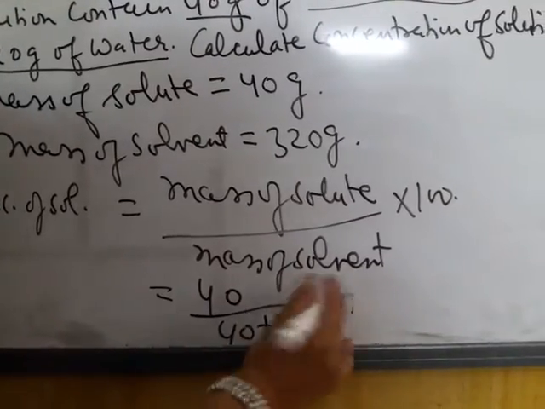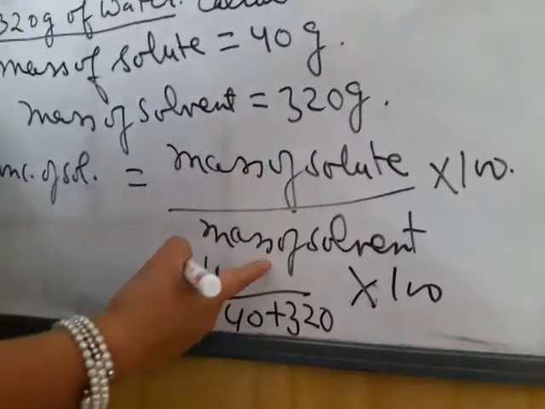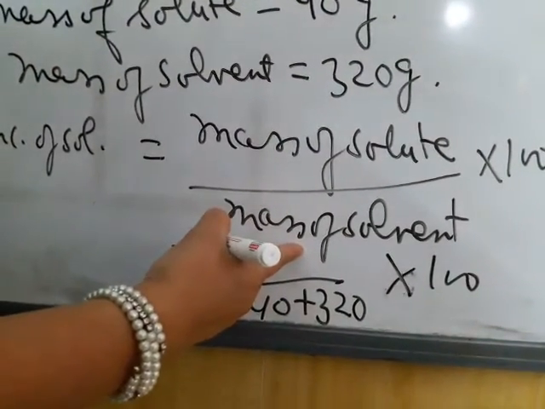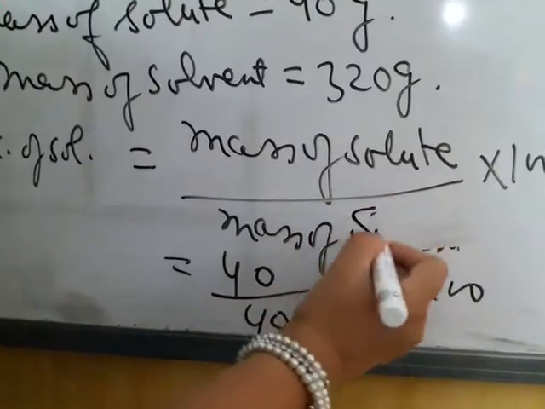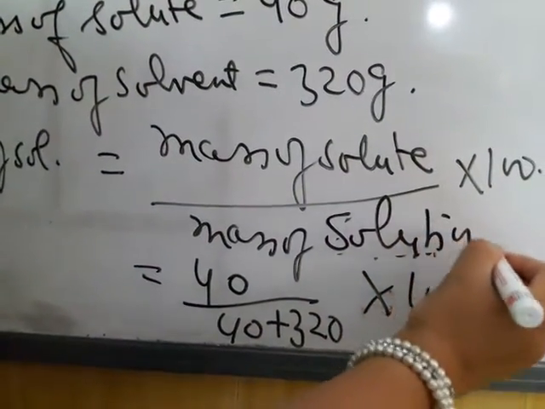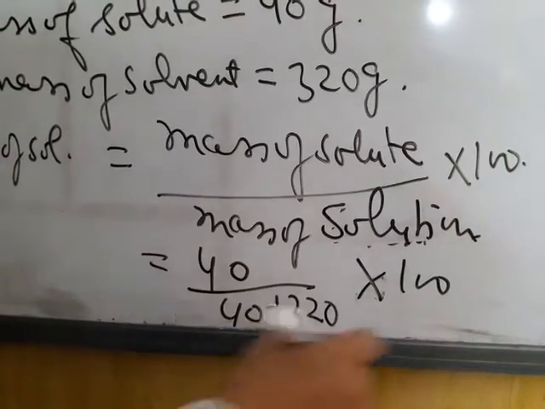Why am I adding 320 to 40? Because it is mass of solution, not solvent. It is mass of solution. So solvent plus solute is solution.